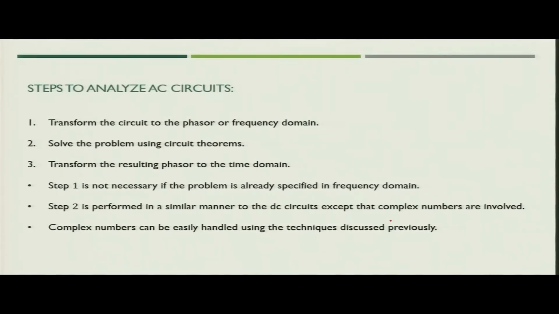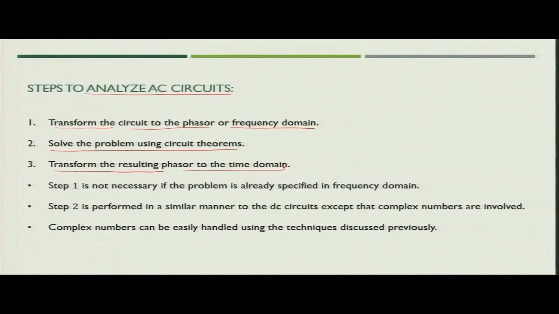Now, what are the steps to analyze the AC circuit? First, we will transform the circuit to the phasor or frequency domain. That means, if the circuit is given in time domain, we will first convert the circuit into phasor or frequency domain. Then we will solve the problem using various circuit theorems which we discussed previously in case of DC circuits, and then transform the resulting phasor back to the time domain.